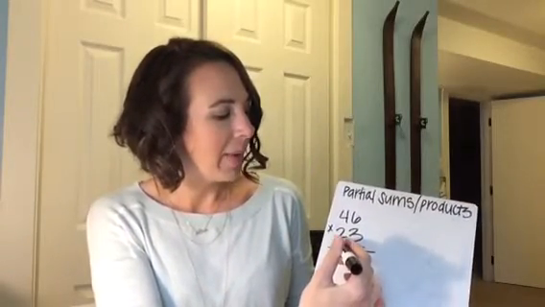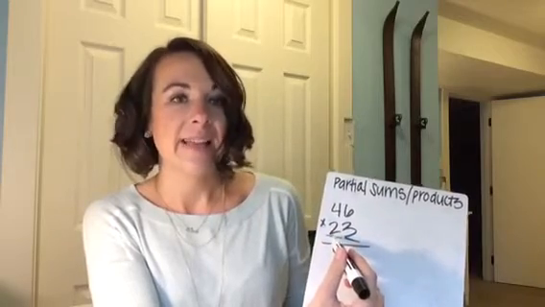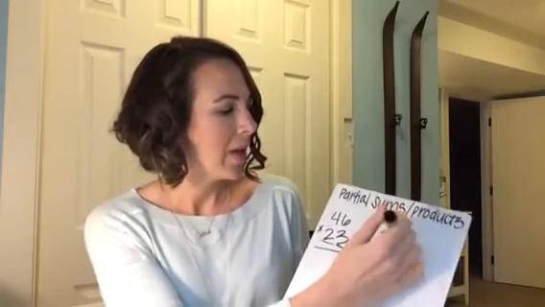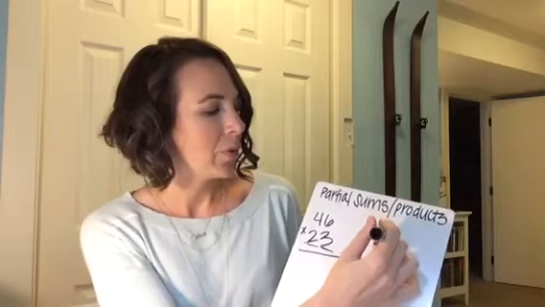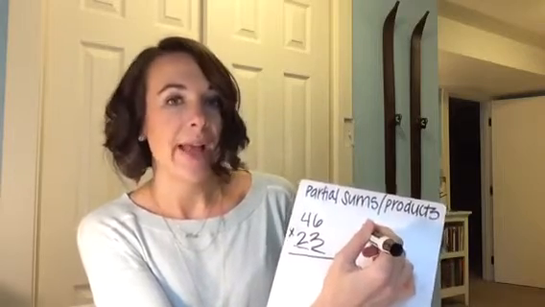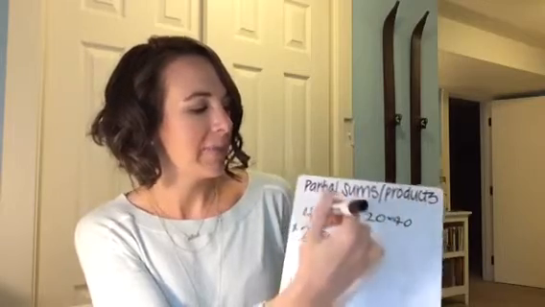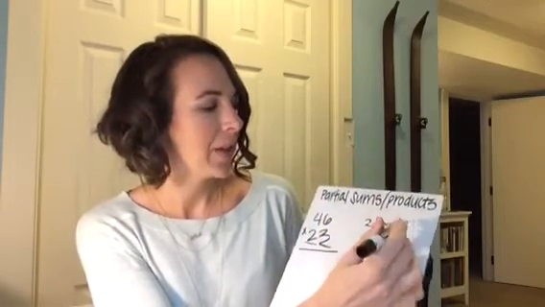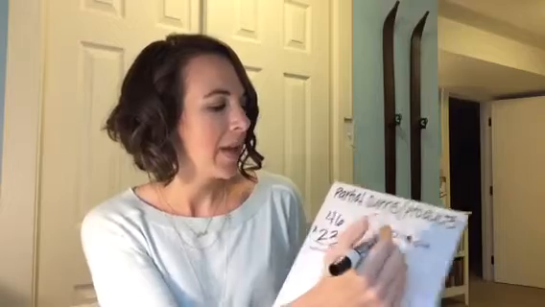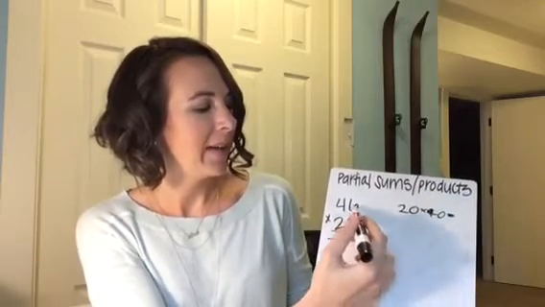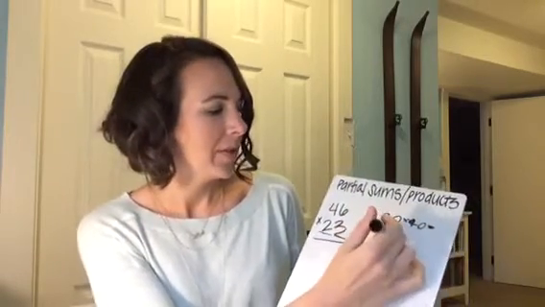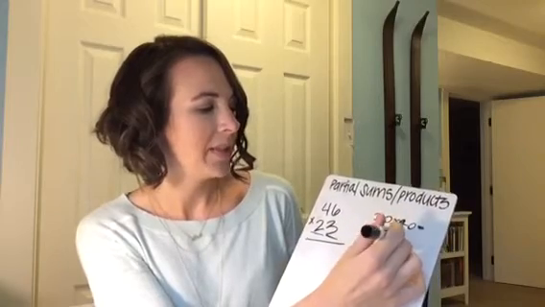So let's start off by focusing on the tens. So we're going to start with the 2. So I'm going to do 20 because it's 2 tens. So 20 times 40 because I'm focusing just on the tens now. So 20 times 40. And then I'm going to focus on the 1 up here. So 20 times 6.